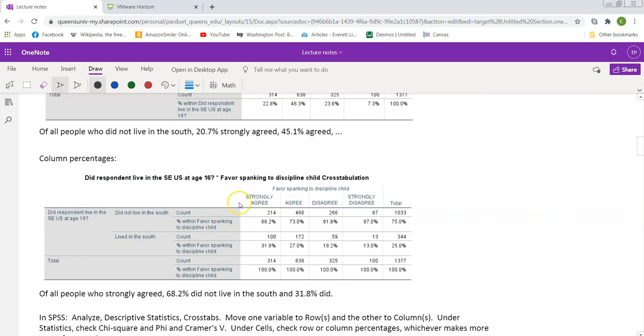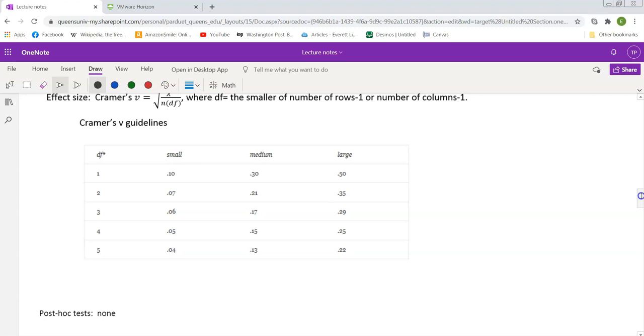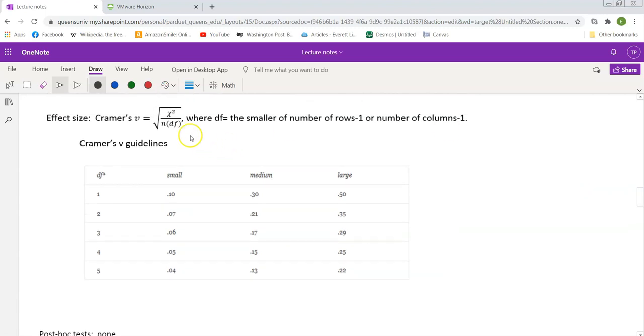So in ours, we have 4 columns and 2 rows. So 2 minus 1 means that we would have 1 degree of freedom. Now, we don't actually have to do this calculation because SPSS gives it to us.